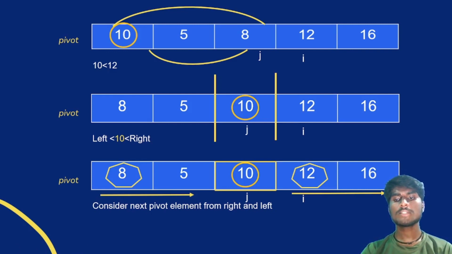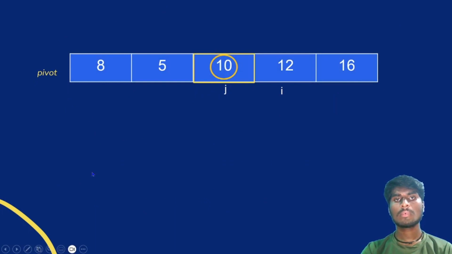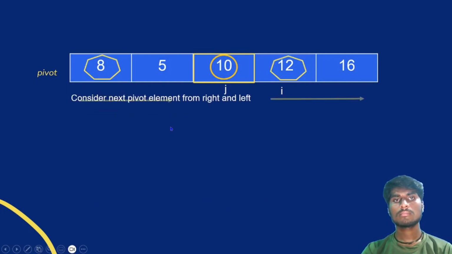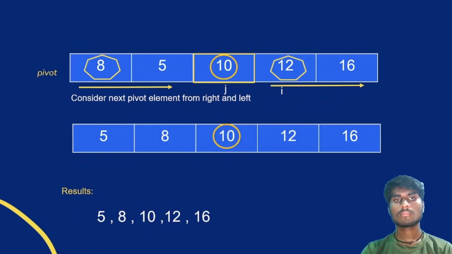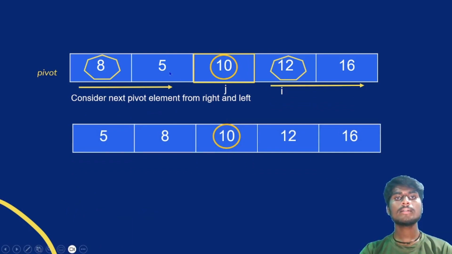We need to follow the same steps. Here you can see that 8 is compared with 5. 8 is more than 5. There is no element left to be compared, so 8 is swapped with, I'm sorry, 5. Then you will get 5 and 8.